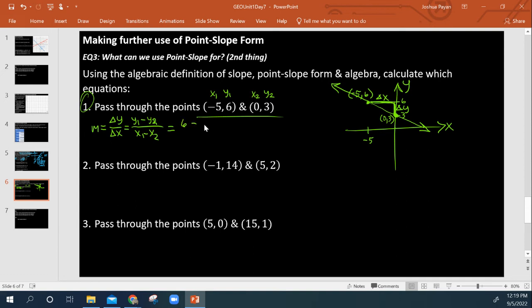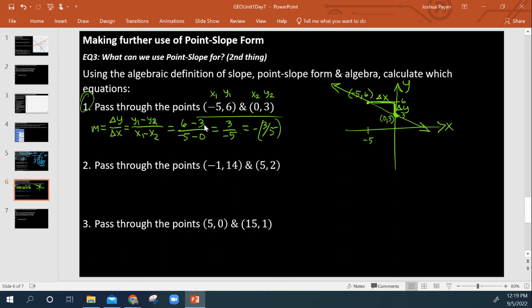Simple formula. So 6 minus 3 over negative 5 minus 0. We end up with 3 over negative 5 for our slope, or simply negative 3/5, right?